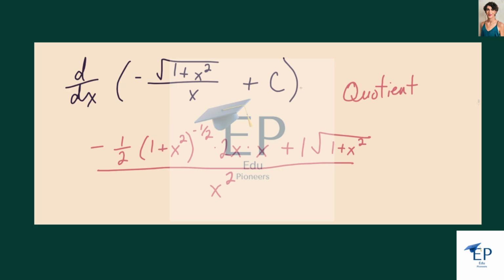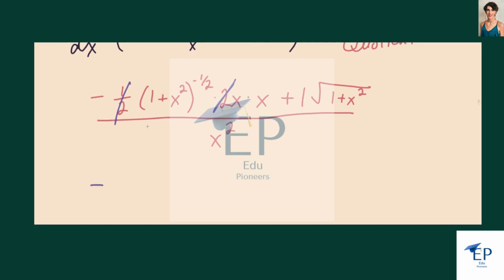And the derivative of a constant is 0. Now, at this point, we might need some magic to cancel things out. The 1/2 and the 2 will cancel. So what I'm looking at is the negative of, let's see, it's kind of gross, but it's 1 over, well, it'd be x squared over the square root of 1 plus x squared.